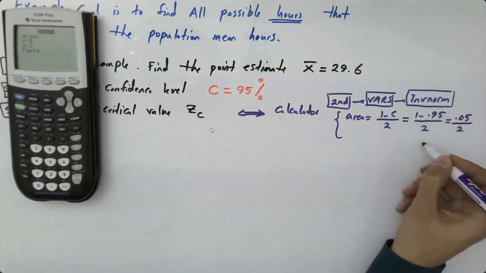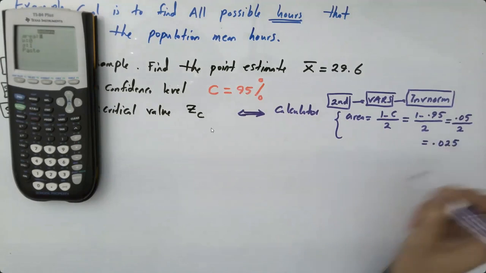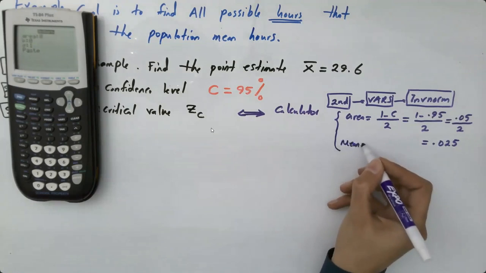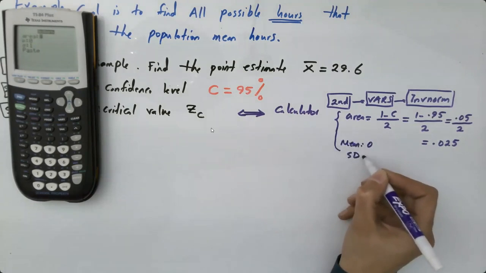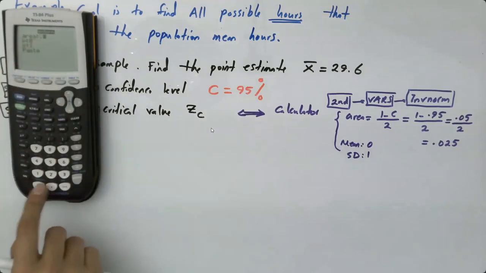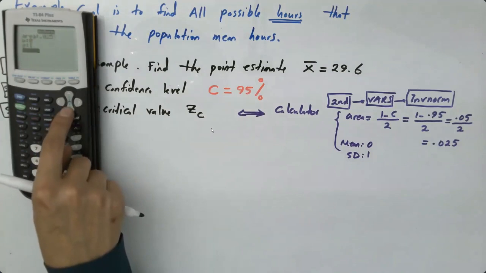Divided by 2, this area is 0.025. What is the mean? Mean is 0 with standard deviation 1. So the area is 0.025, mean is 0, standard deviation is 1.